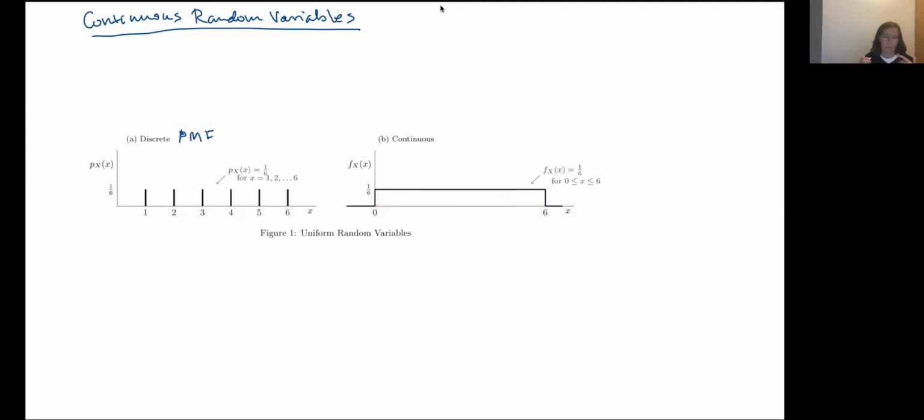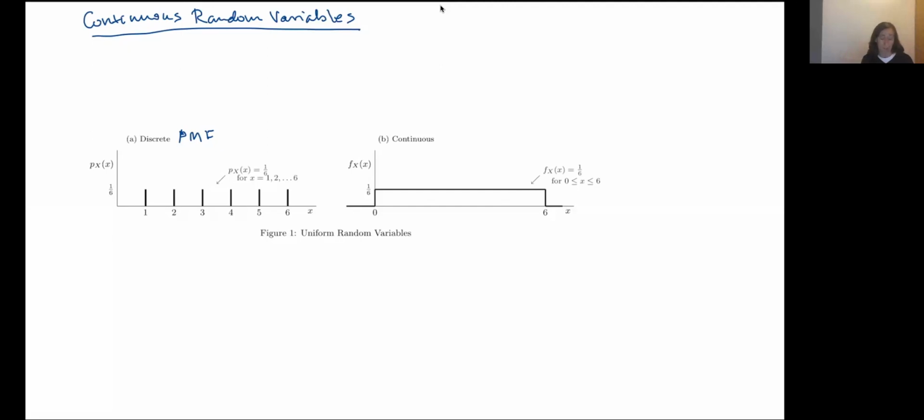You might remember the Poisson random variable can take a potentially infinite number of values, but we could still count them, right? Because that's what a Poisson random variable represents, a count. We can't count the real numbers. No matter how close two real numbers are, there's always something in between them, and that makes things tricky if we want to add the requirement that the probability of the sample space has to be 1.